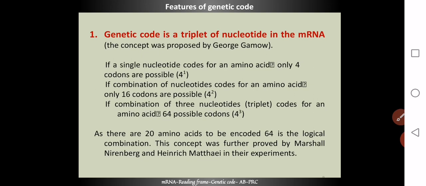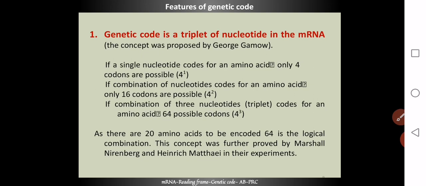That is also not sufficient to satisfy the total of 20 amino acids. So then we move to the third possibility, that it's a triplet. That means 3 nucleotides will code for a particular amino acid, or 3 nucleotides will act as a codon. And that will give you a total of 64 codons.